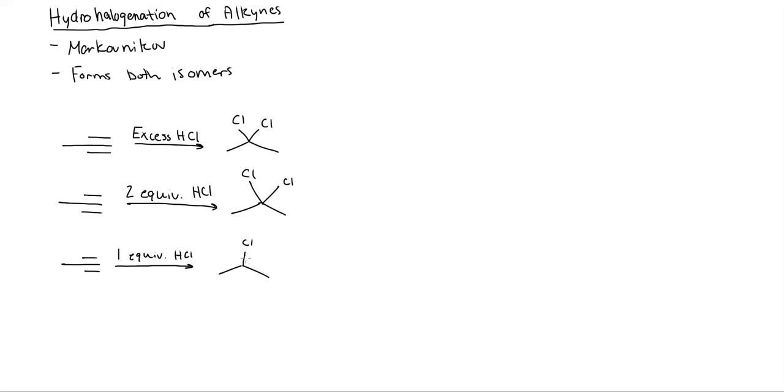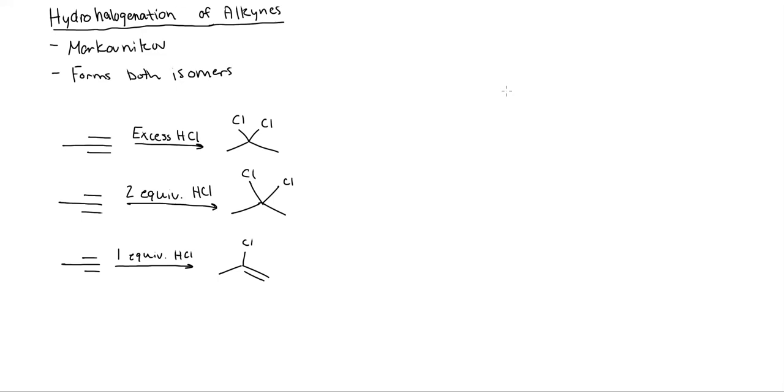I'll draw this here. So we're left with this. With a terminal alkyne, we can't really get E or Z with this. So all I get is removal of 1 of the bonds, and then I put a chlorine on the Markovnikov carbon, for terminal alkynes.